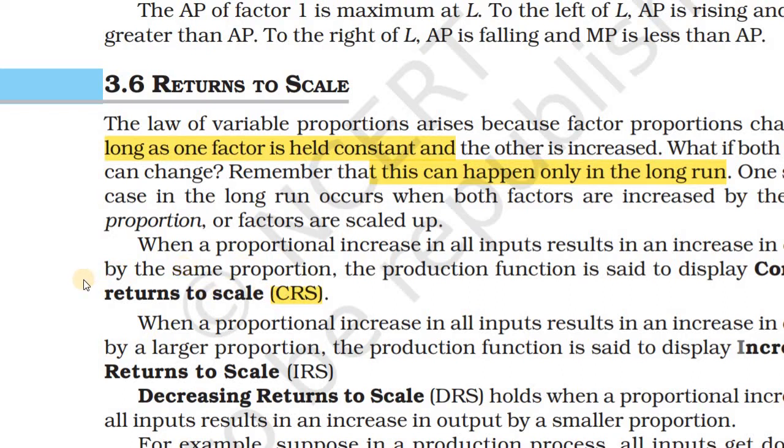It is constant because the inputs increase by a proportion and output also increases by the same proportion. When a proportional increase in all inputs results in an increase in output by the same proportion, we call it constant returns to scale.